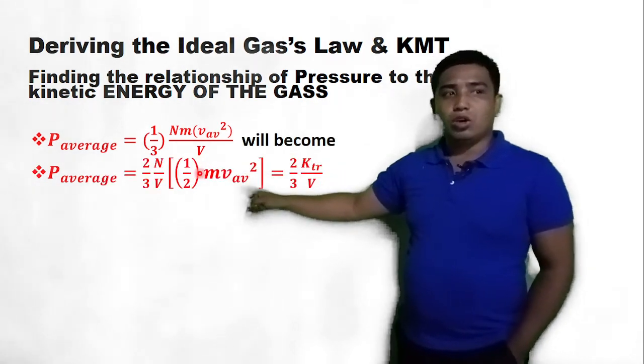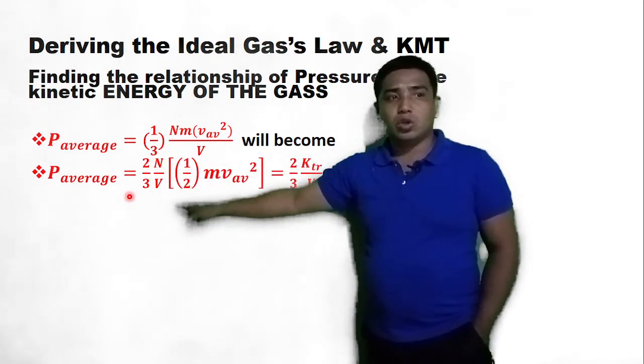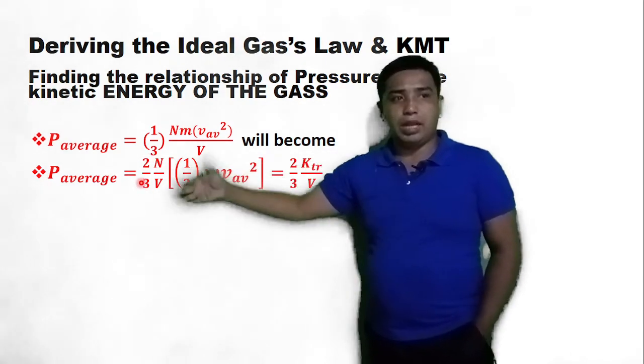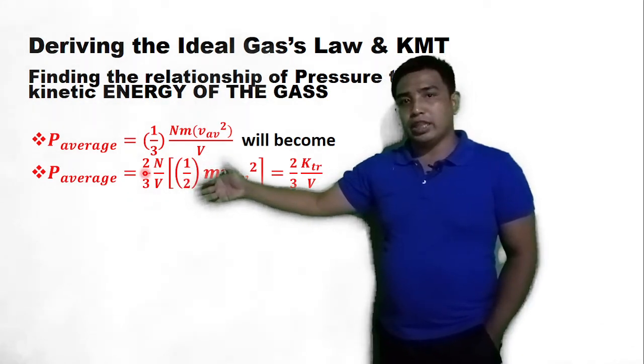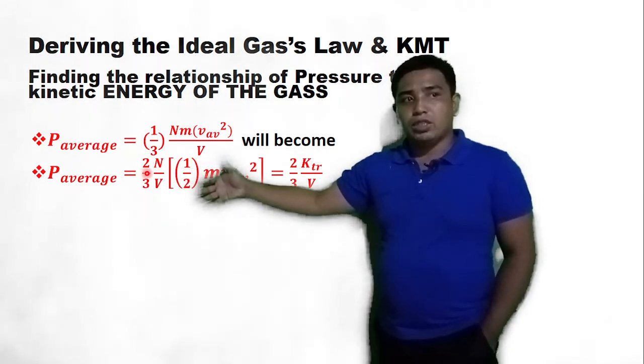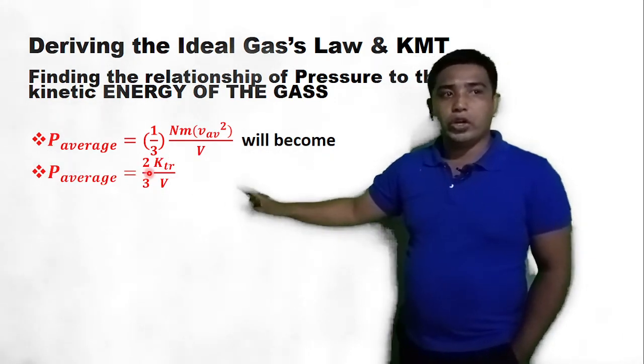So you will see that we insert 2 here and 3 here, to make the equation balance. And we mentioned that 1/2 mv squared is KTR, so we write 2/3 KTR all over V.